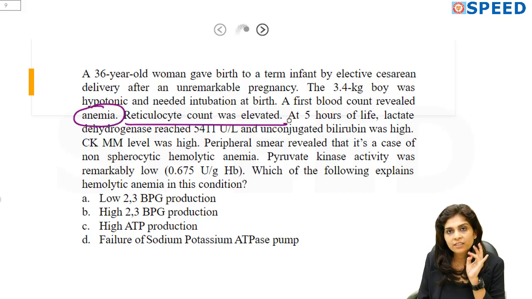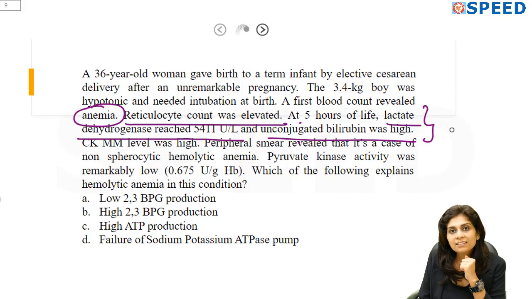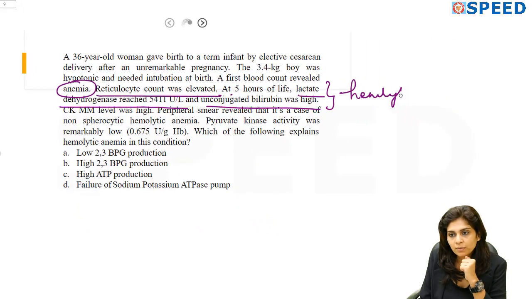Anemia with reticulocytosis, immediately think of hemolysis, because in hemolysis there will be compensatory increase in erythropoiesis, so young RBCs will be flushed into circulation. At 5 hours of life, LDH activity reached 5,411 units per liter, which is very high. Unconjugated bilirubin was high. So till this, they have tried telling you that this child presents with hemolytic anemia.